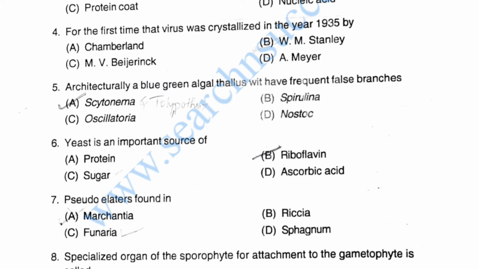Now come to question number 7. What is the question? Pseudoelaters are found in dash. Here we have 4 options: Marchantia, Riccia, Funaria and Sphagnum. You'll have to find that plant which doesn't have any elaters but has pseudoelaters, false elaters.